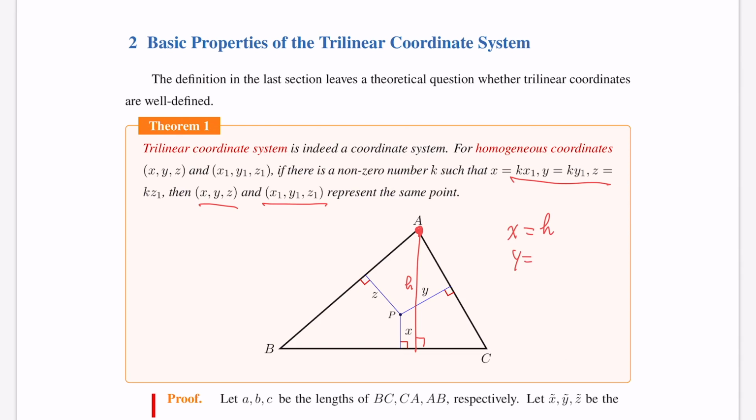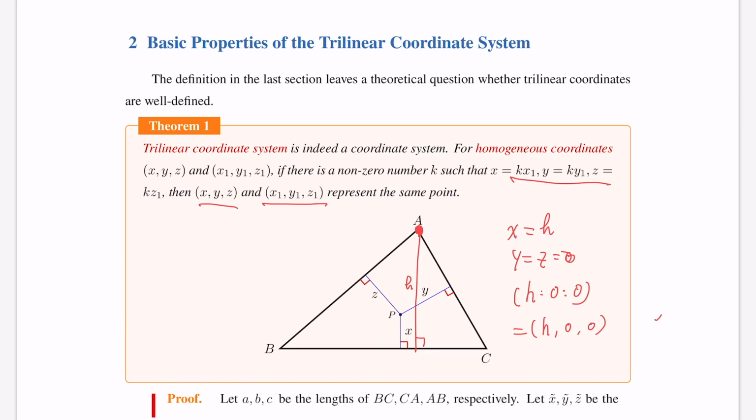And y and z are simple, because A is on the lines AC and AB, so the distances to these two are zero. So the trilinear coordinates of A are actually (h, 0, 0). However, this is a homogeneous coordinate, so if I multiply the whole coordinate by a non-zero real number, I don't change it.